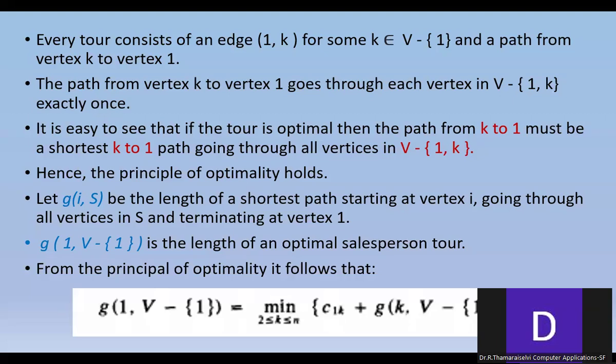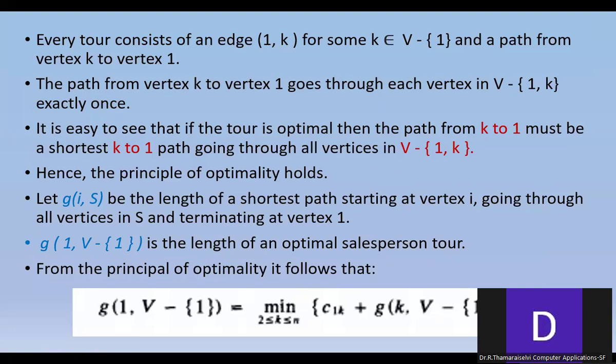So from the principle of optimality, it follows that g(1, V minus {1}) is equal to the minimum over 2 less than or equal to k less than or equal to n of C1k plus g(k, V minus {1, k}).